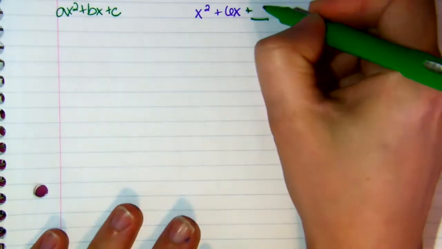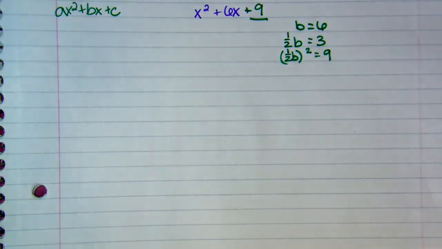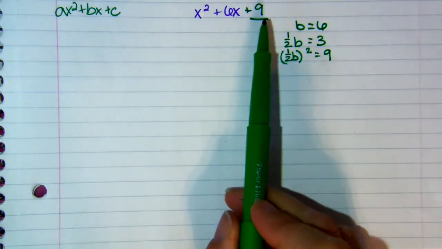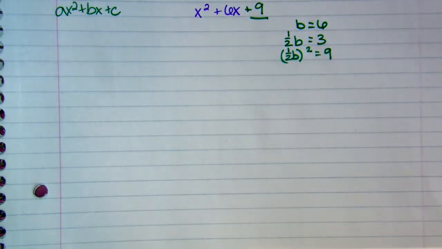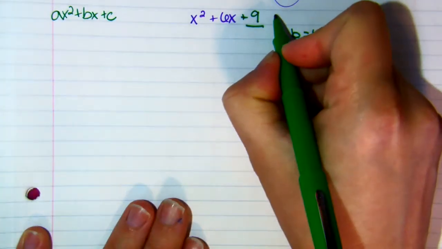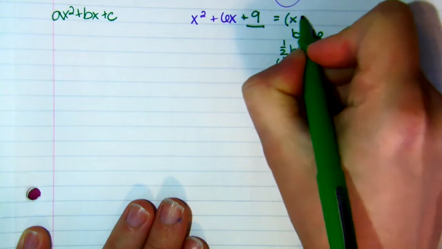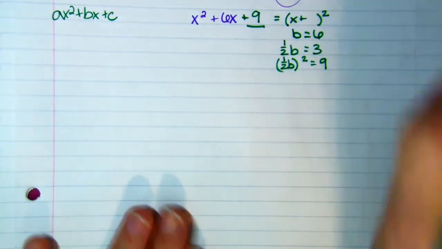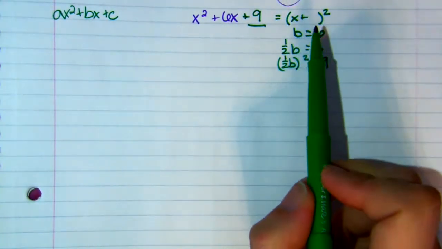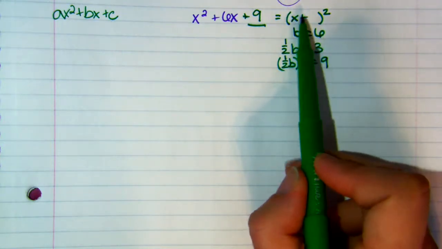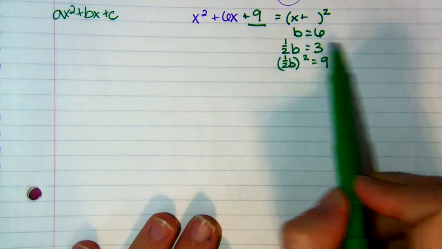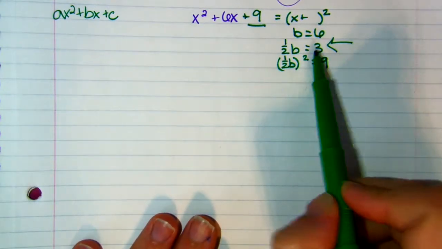What that tells us is our last term here has to be 9 in order for this to be a perfect square trinomial. And what that means is I can factor this, and interestingly enough, the second term in my factored form is this intermediate step right here, this 1/2 b.